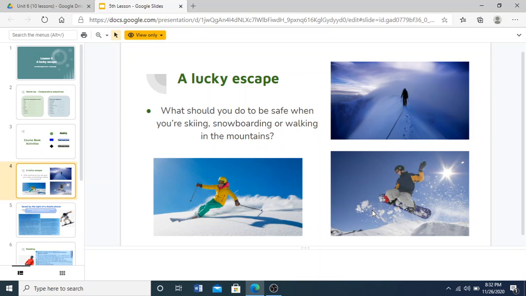All right. So, of course, especially when you're walking in the mountains, you have to be very careful not to walk too close to the edge. Make sure you are wearing the right kind of clothes, protective clothing, and your shoes have a very good grip. And of course, you can use the sticks that we use for hiking.